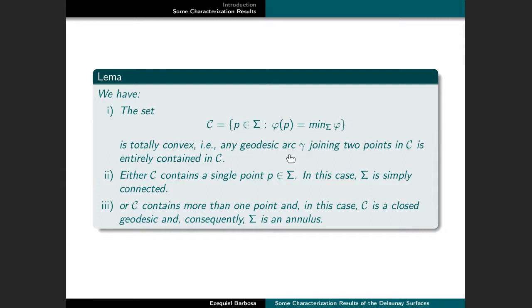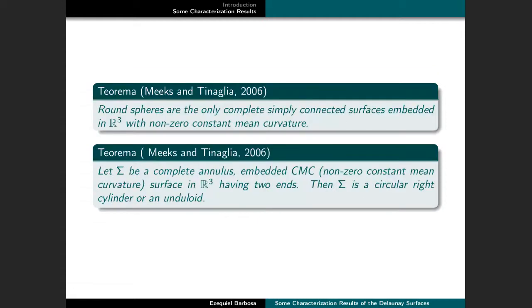Okay, so if this set contains just 1 point, then the function phi is a convex function with only one global minimal point. Then it is possible to use Morse theory in order to prove that this surface should be a simply connected surface. So in this case, we can use the result proved by Mix and Tinaglia in 2006, that the round spheres are the only complete simply connected surface embedded in R3 with non-constant mean curvature.